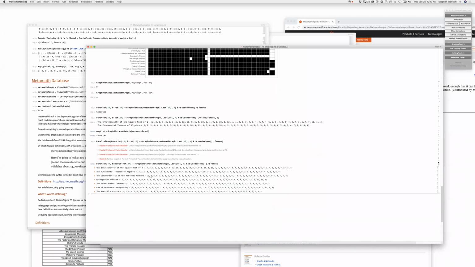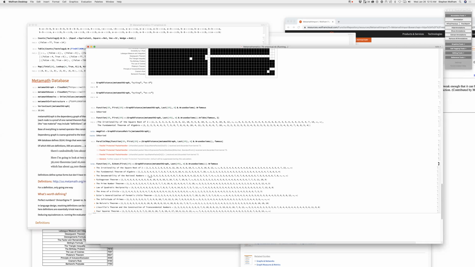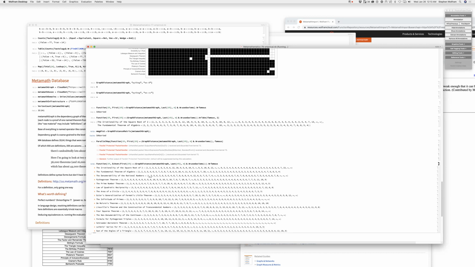So the basic depth, which is kind of interesting, is pretty standard. 10, 11, 12. 15, I saw there. 14. 10.